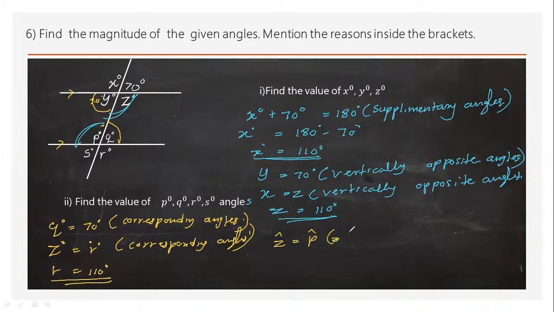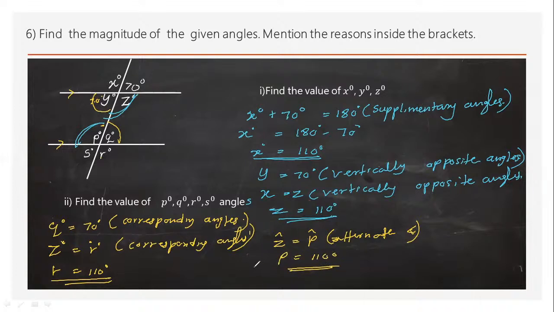Alternate. z is here how much? 110. Then you can write p equals 110. We got q, r, p.